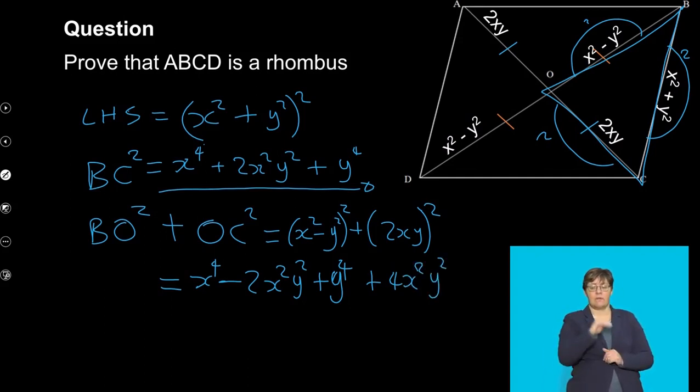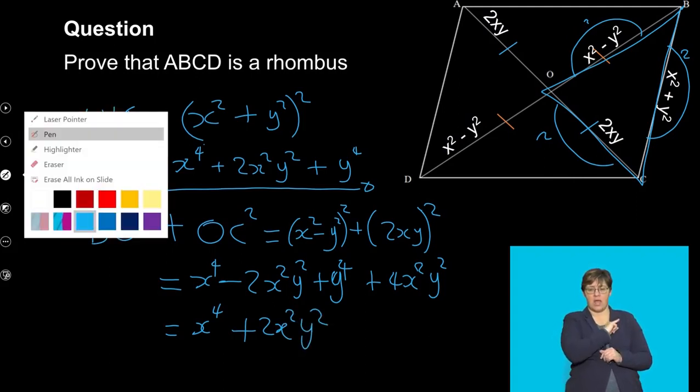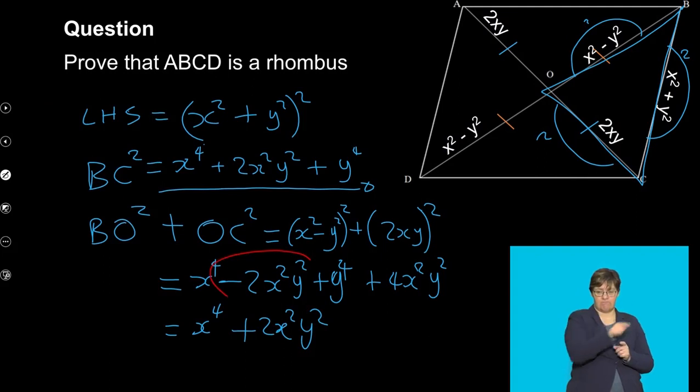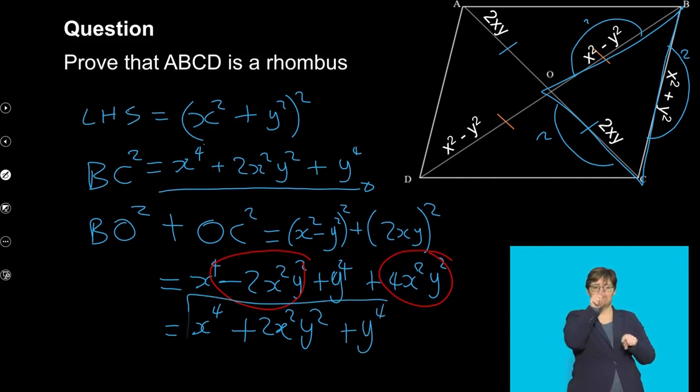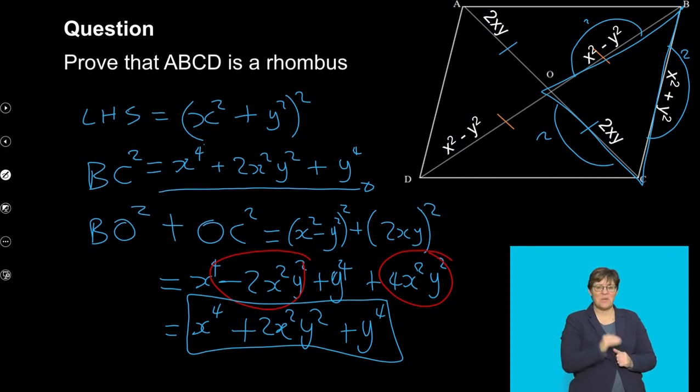And then as a result, this will be equal to x to the 4 plus 2x squared y squared. Why? Because these are like terms. This one here and that one there are like terms. And then lastly, it will be plus y to the 4. Hey, guys, look at this. How beautiful is this? This is the same as that I have there.